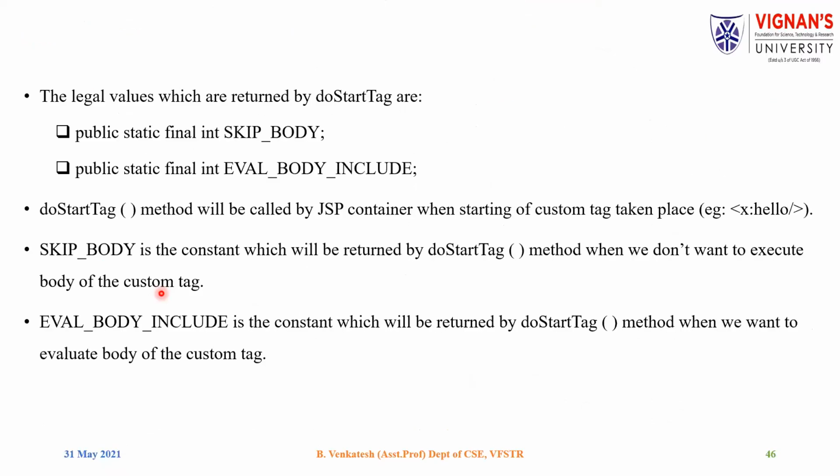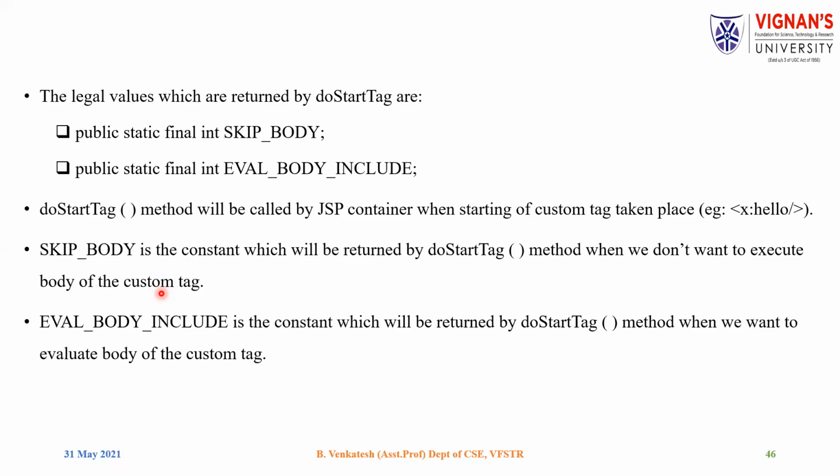The legal values returned by doStartTag are SKIP_BODY and EVAL_BODY_INCLUDE. These are the two return types of doStartTag. This method will be called by the JSP container when the start of the custom tag takes place. So this method is invoked at the beginning of the custom tag.